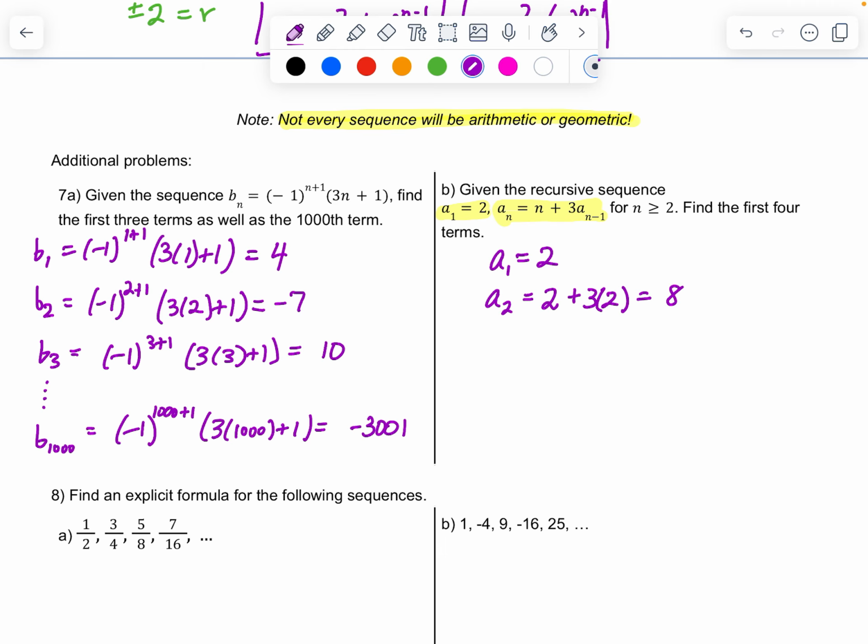So that's 8. The third term, we have n, which is 3, plus 3 times the term before, which is 8. So I get 27. And then the fourth term, I have 4, plus 3 times the term before, 3 times 27, and I get 85. And then it would just keep going from there.